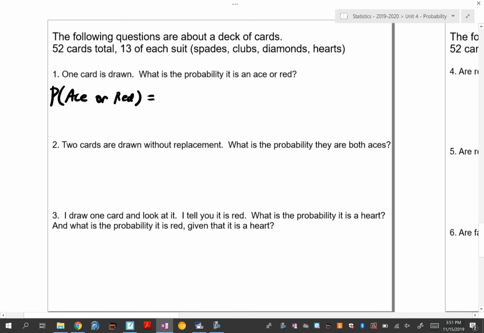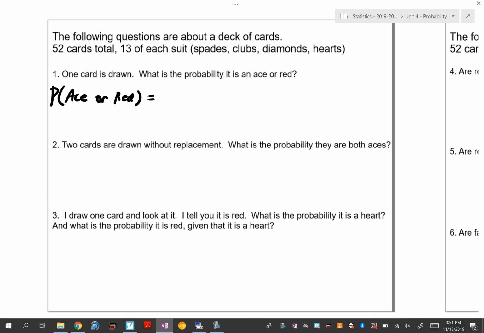Then you also have Jack, Queen, King, which are called face cards because they have faces on them. And then you have 4 aces, which in some games count as 1, and in some games count as 10 or 11, depending on the game. Yes, diamonds and hearts are red. Spades and clubs are black.